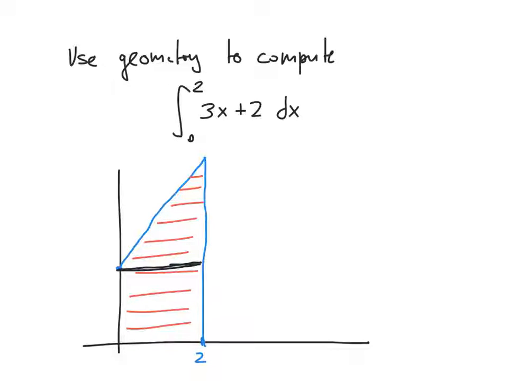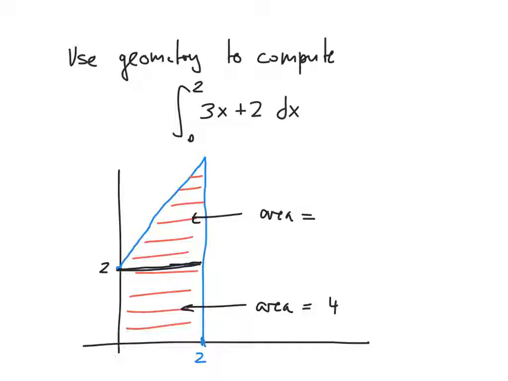So the area of the square is 2 by 2, right? We have a y-intercept at 2, so it would be 4. And here the area of the triangle would be, again, one side length times the other side length.